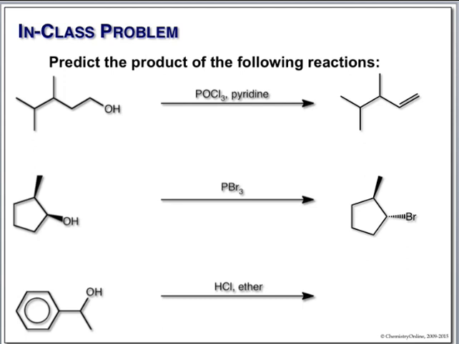Once we set in the E1 SN1 process, once we set that in motion, there are two things that could happen. Chloride could attack, give us the alkyl chloride, or we could do elimination to get the alkene.